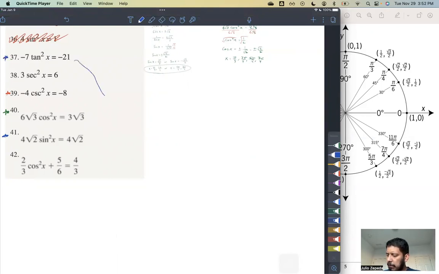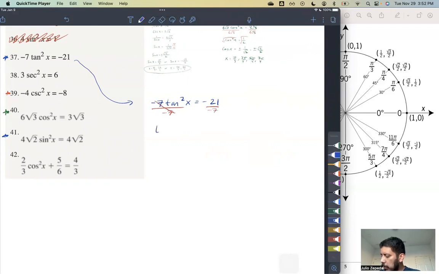I think I can tell. Hopefully this one is not going to come out that way. -7 tangent squared x equals -21. Okay, so this one's a little more challenging too. Let's divide by -7 on both sides.